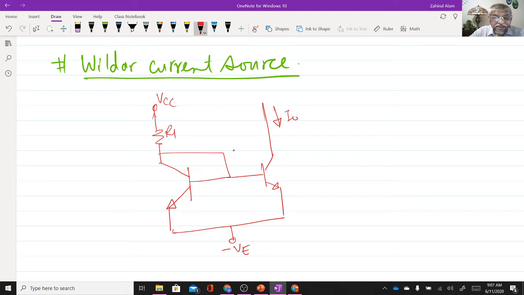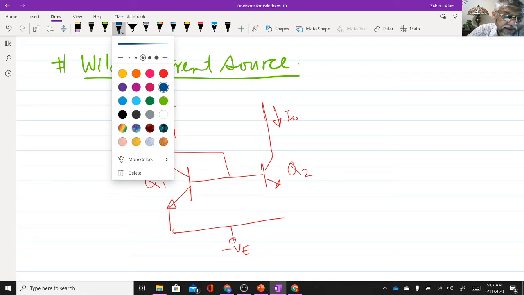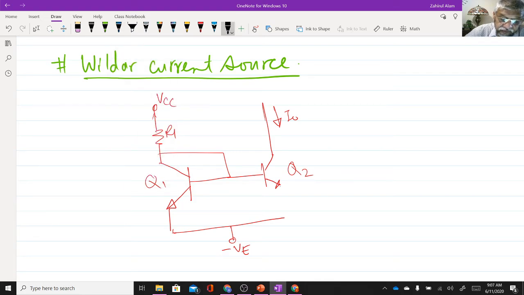So now this is a basic 2 transistor configuration, where the output resistance is low compared to the previous diagram. Now we modify this configuration and introduce another resistance, RE.